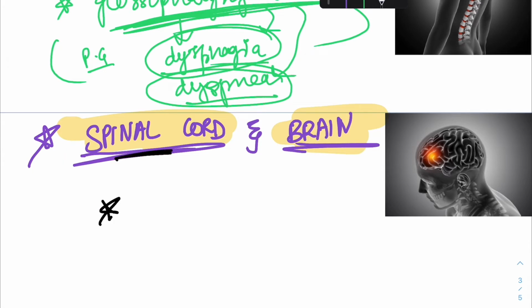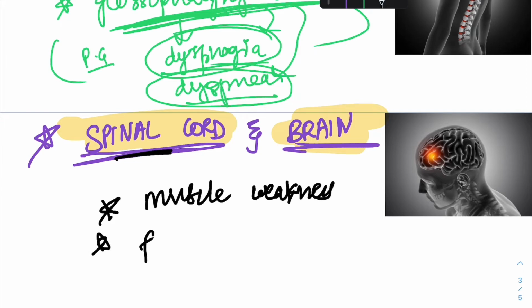Because the spinal cord is affected, you will get muscle weakness and flaccid paralysis. Flaccid paralysis will be decrease in the muscle tone. There will be muscle weakness. Okay, so these are the two places which are affected: spinal cord and the brain.